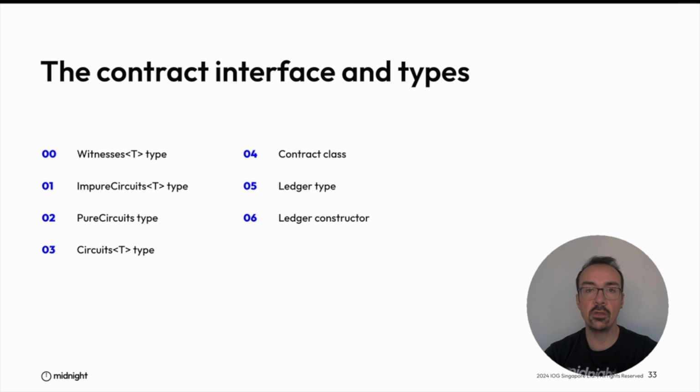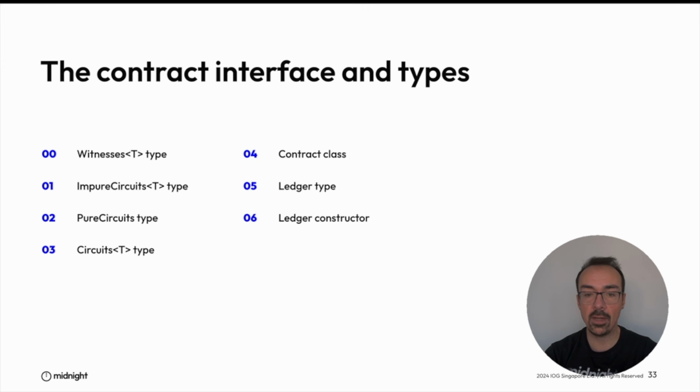So if you pass as argument the same values and you get the same value back, and there are no side effects, so no updating the ledger or that kind of thing. So that's a pure circuit. Impure means that there are some side effects. So for example, every time you update the ledger in your contract, that's a side effect, and that's an impure circuit. It also provides general circuits type for both impure and pure circuits.